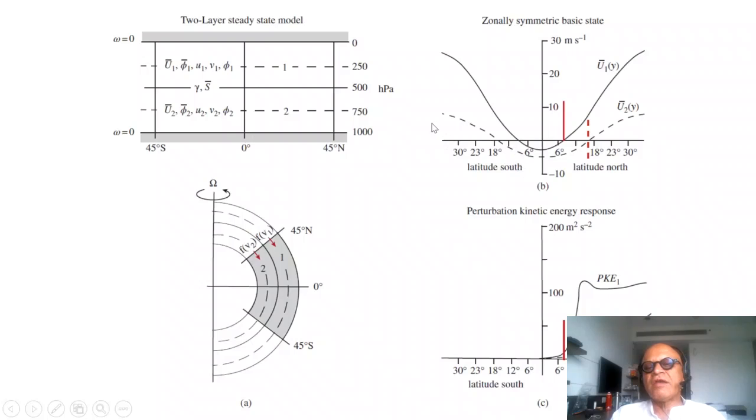So you have lower layer with weaker westerlies in the extratropics and stronger easterlies in the tropics. So you are looking at this prescribed basic state and compute the perturbation kinetic energy in this prescribed basic state with the given forcing in terms of meridional perturbation velocities.